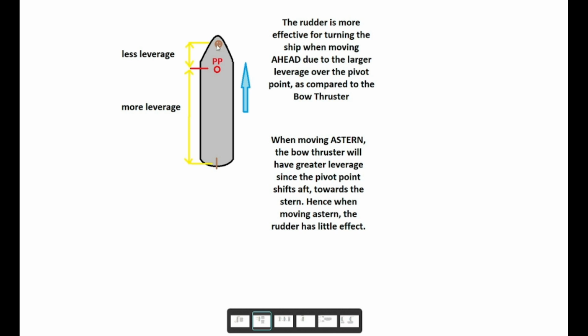However, the bow thruster is all the way at the other end of the ship, very far away from where the pivot point is. And so this is why we see a lot of vessels use the bow thruster to steer when they are moving astern, because there is much more leverage, much more distance from the bow thruster to the pivot point.